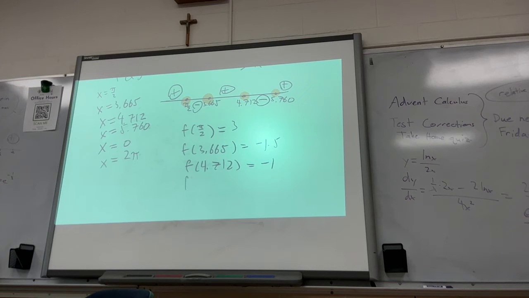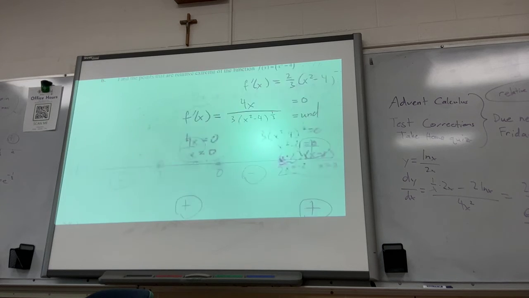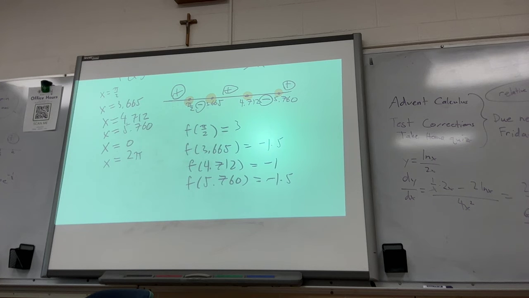F of 5.760 equals negative 1.5. F of 0 equals negative 1. And then F of 2 pi equals negative 1.